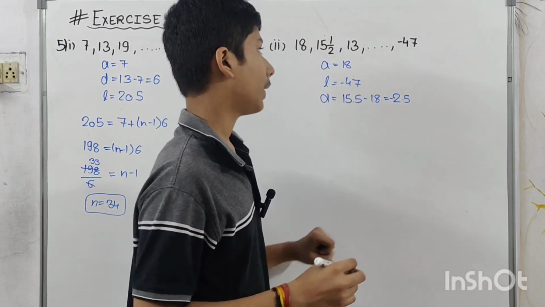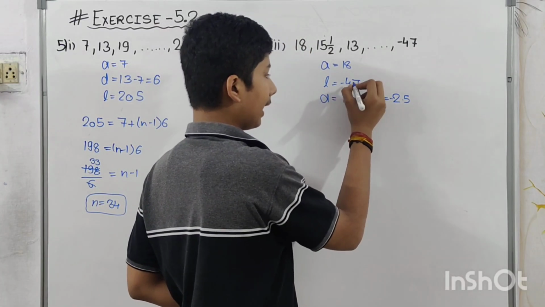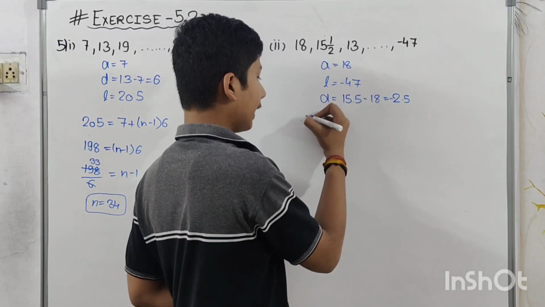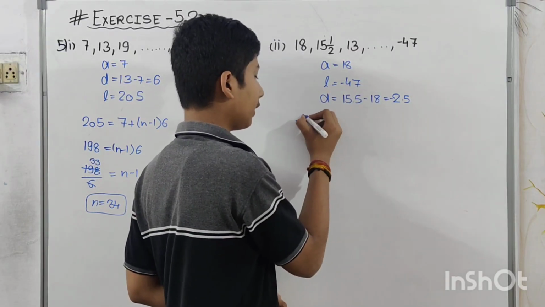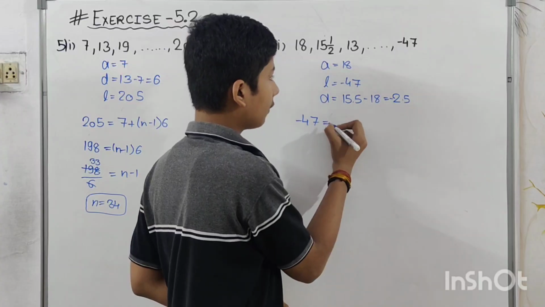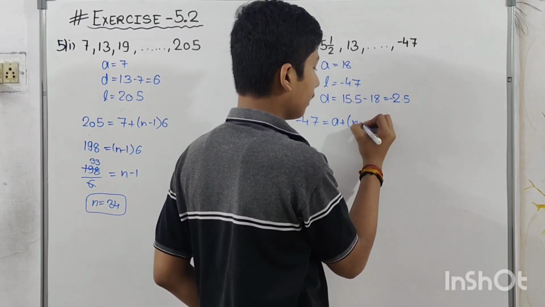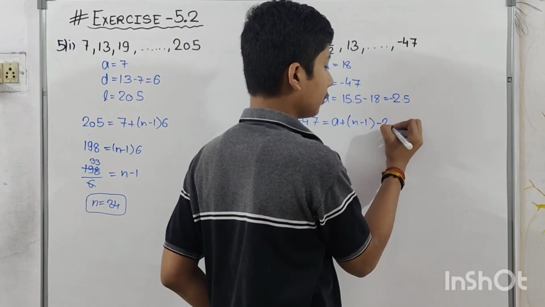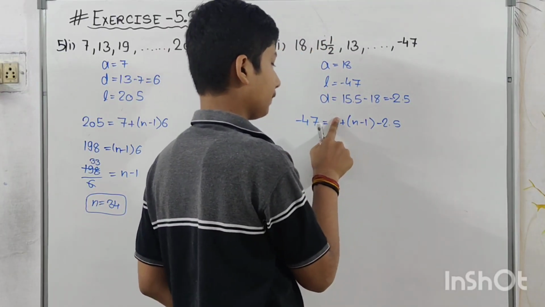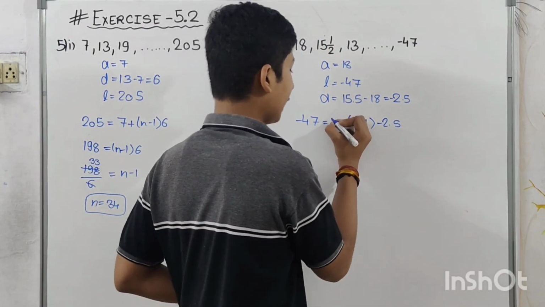So negative 2.5, and we know L is minus 47, so the nth term, which is minus 47, equals A plus n minus 1 into minus 2.5, and A is already 18.